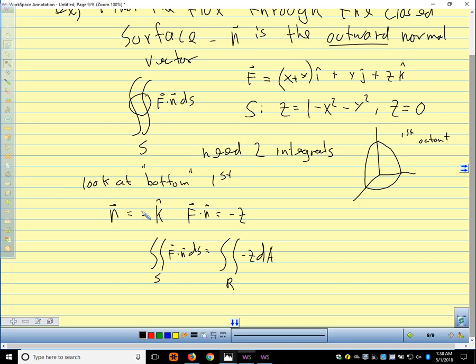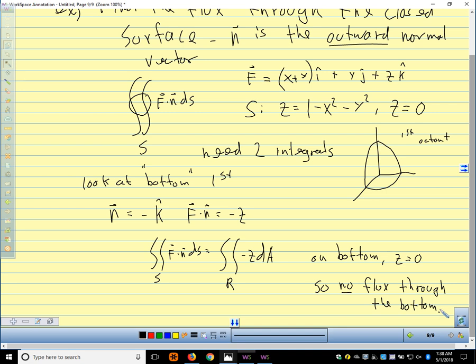Well, on this surface, what does z equal? 0. Z equals 0. Wait a minute. There's no flux through the bottom. So that particular surface integral gives us 0.